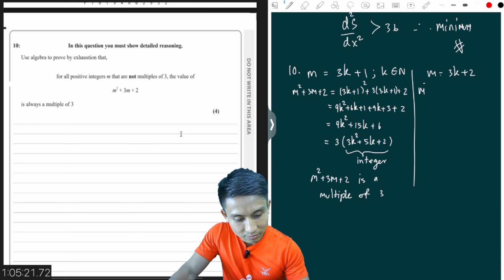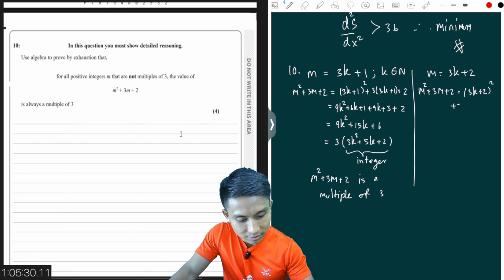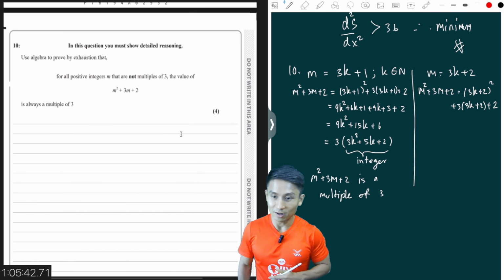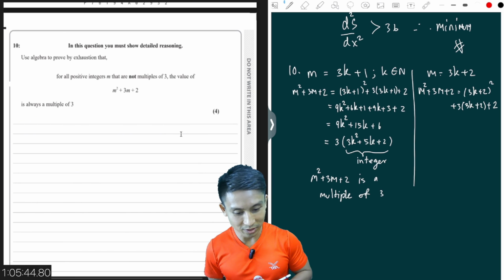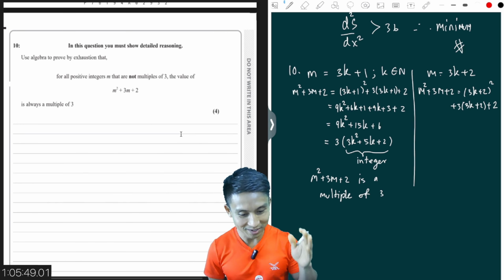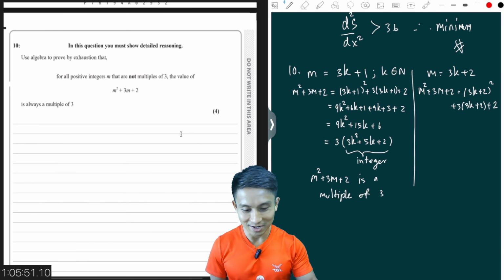So m squared plus 3m plus 2 is going to be equal to the same thing, like that, and plus 2 instead. Okay, that's fine.